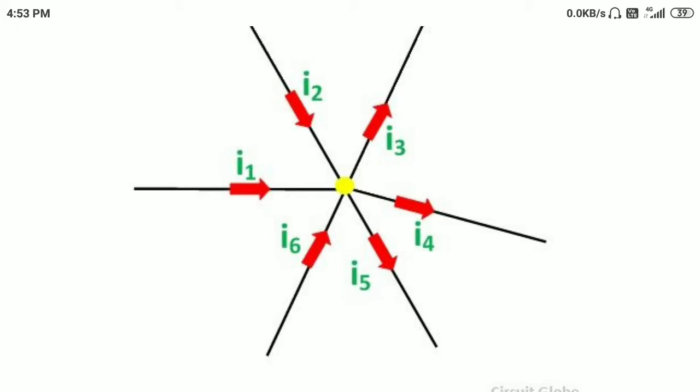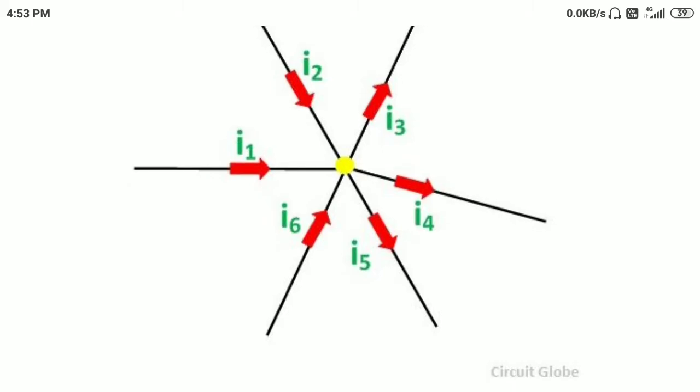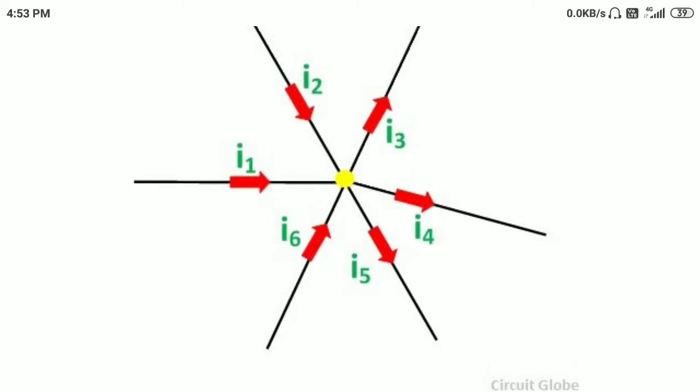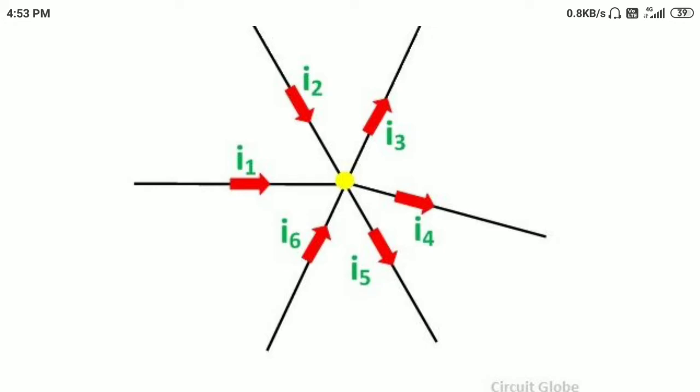I6 is entering into the node. So the algebraic sum of current is 0, or otherwise it can be written as, the sum of currents entering the node is equal to the sum of currents leaving the node.